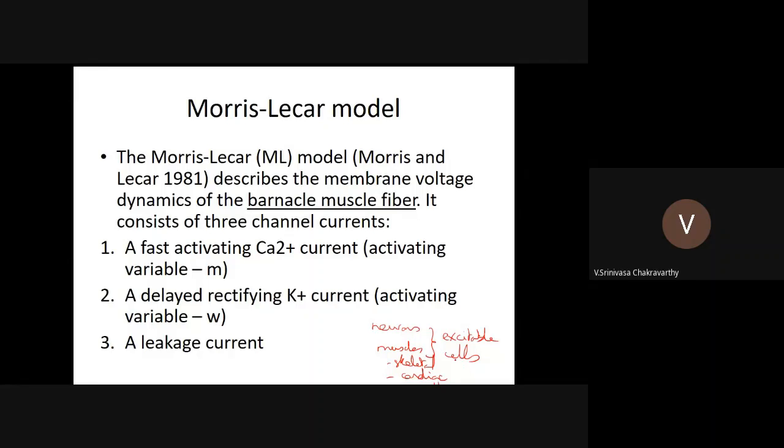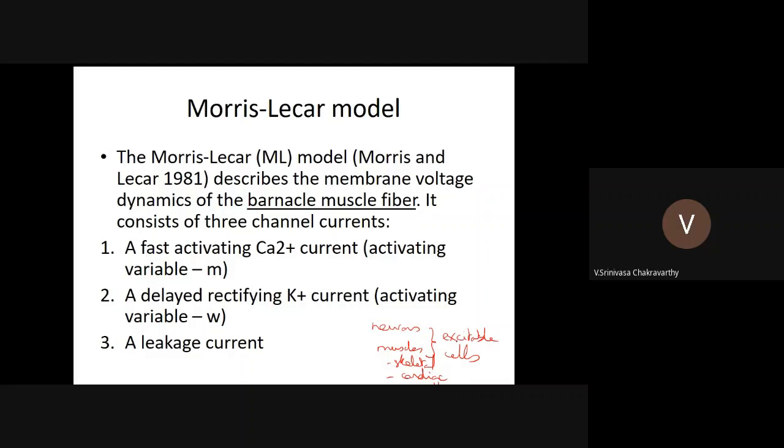Physiologically, if you look at the exact ion channels present, there could be differences among all these different kinds of cells. But mathematically, people have often used very similar models to describe all of them, because what is common to all of them is that they're electrically active cells. They produce some kind of action potential.